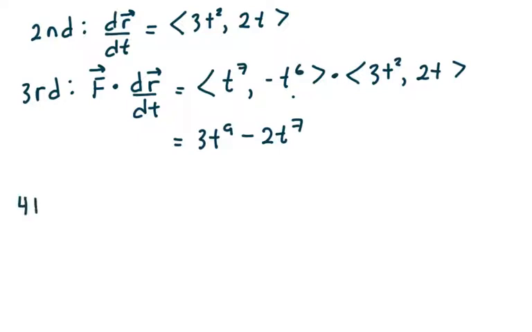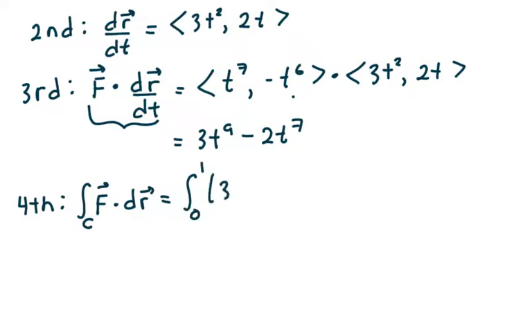And the fourth and final step is essentially I'm going to integrate F dot dr dt from 0 to 1, and I'm integrating with respect to t. So the integral over C of F dot dr is the integral from 0 to 1 of 3t to the 9th minus 2t to the 7th dt.